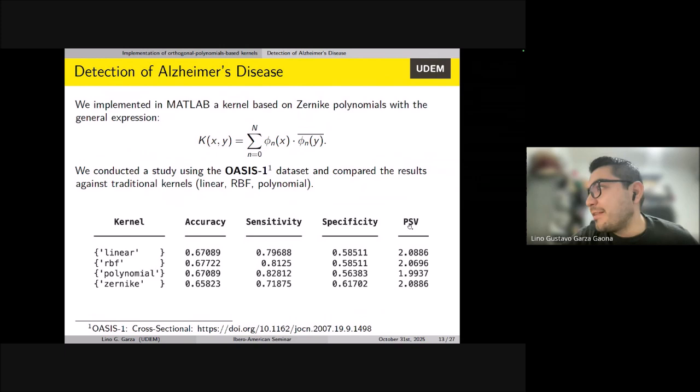And the other metric is this PSB, which is the proportion of support vectors. It gives an idea of how many support vectors you need to construct that boundary between the classes. And well, we have the result.